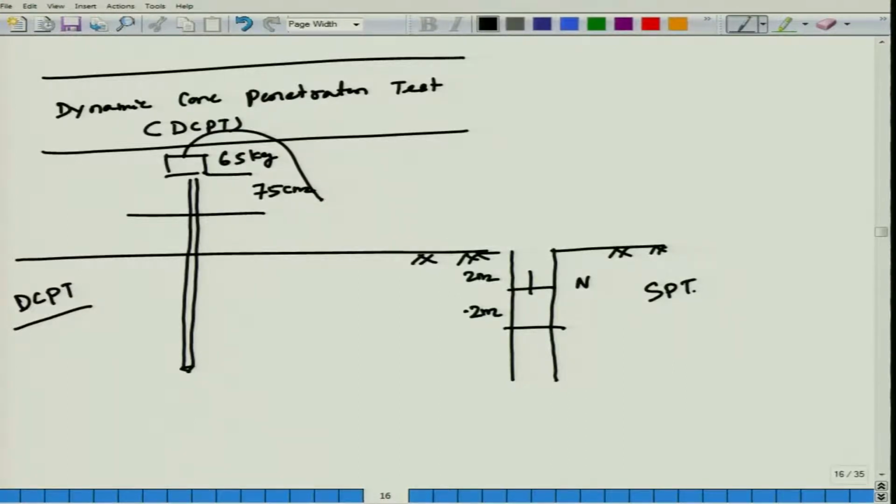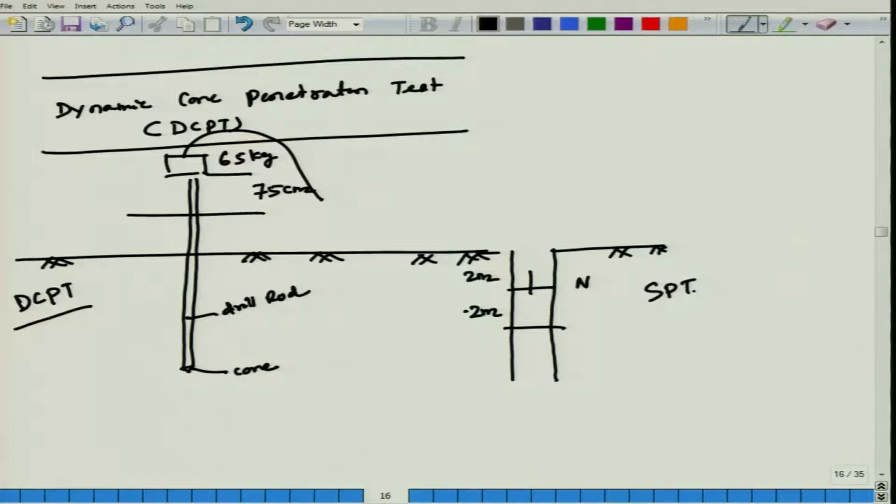In DCPT, this is your ground surface, and the advantage is that you are not making any borehole. You are only putting in the drill rod, with a cone at the base, and doing the penetration with a 65 kg hammer free falling from 75 centimeter or 750 mm, measuring the penetration value for every 30 centimeter.